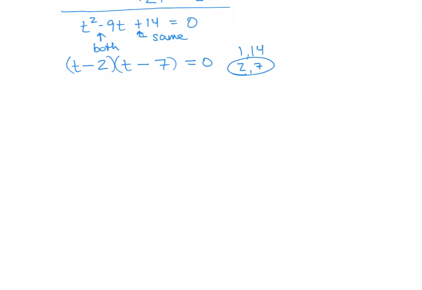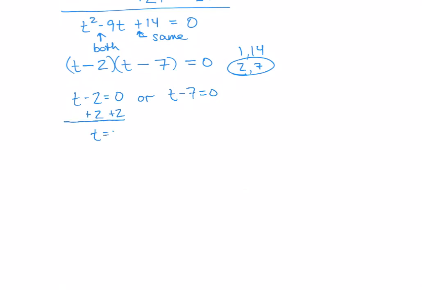From there, we can set each factor equal to 0. And we solve each one of these little equations. So for the first one, we can add 2 to both sides.